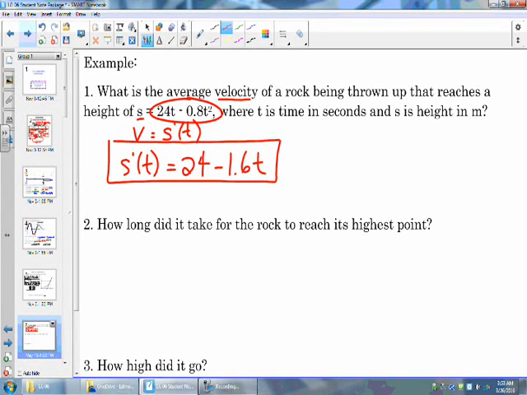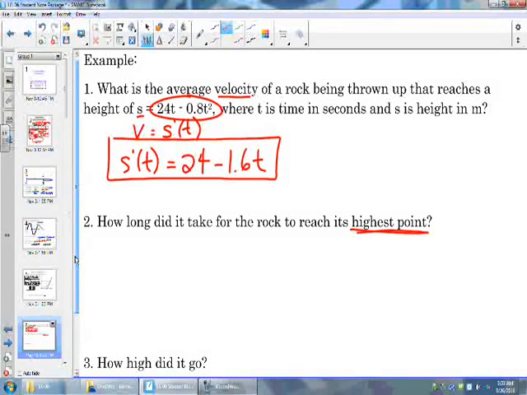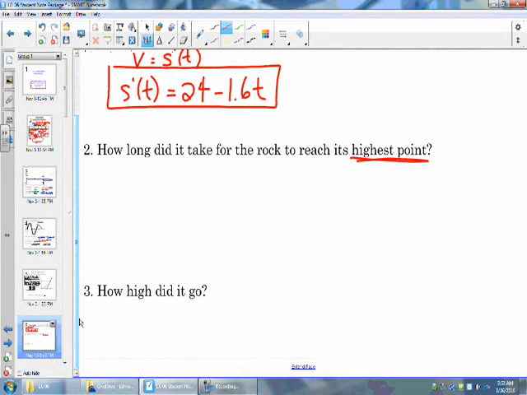It's saying how long did it take for the rock to reach its highest point? Now when I say highest point, immediately you should think of visually a graph. And at the highest point, we know that that's going to be a maximum. And from Learning Guide 5, you should remember that we can easily find maximums and minimums by looking at the critical value.